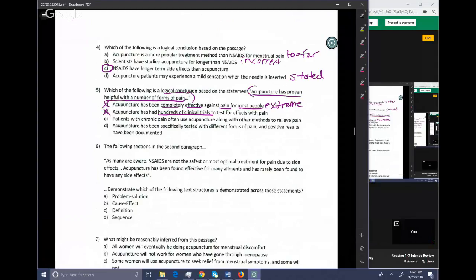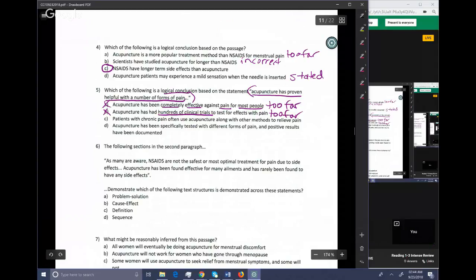We have no idea if it's hundreds, thousands, we have no idea. Patients with chronic, so that would be too far, and actually I shouldn't have labeled A extreme, I should have labeled it too far. So both of those go beyond the information that we really have in front of us.